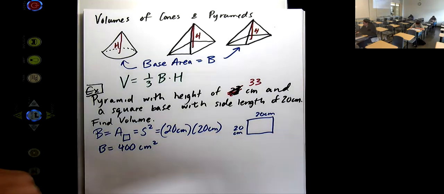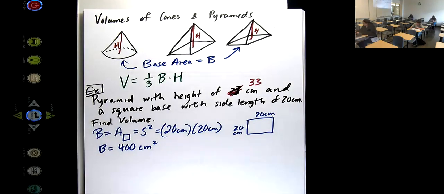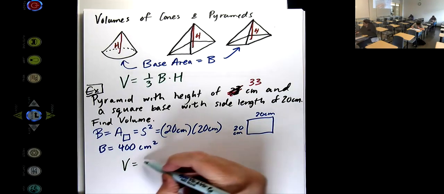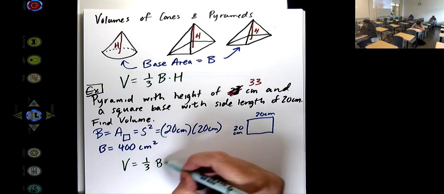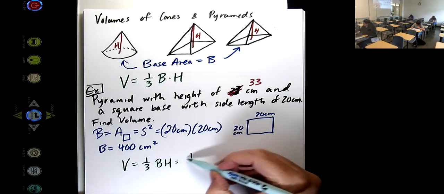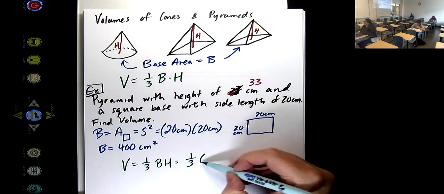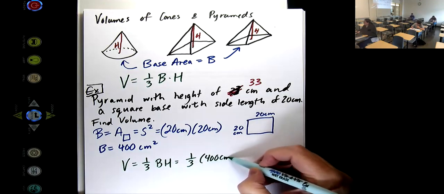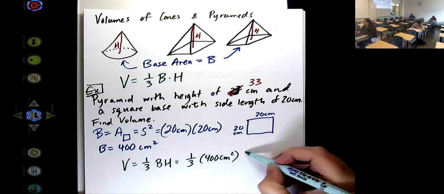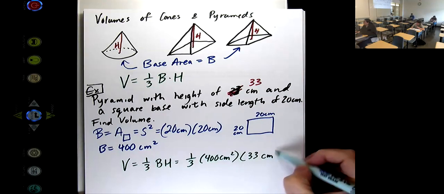Which is going to put my volume at one-third times 400 centimeters squared times 33 centimeters.